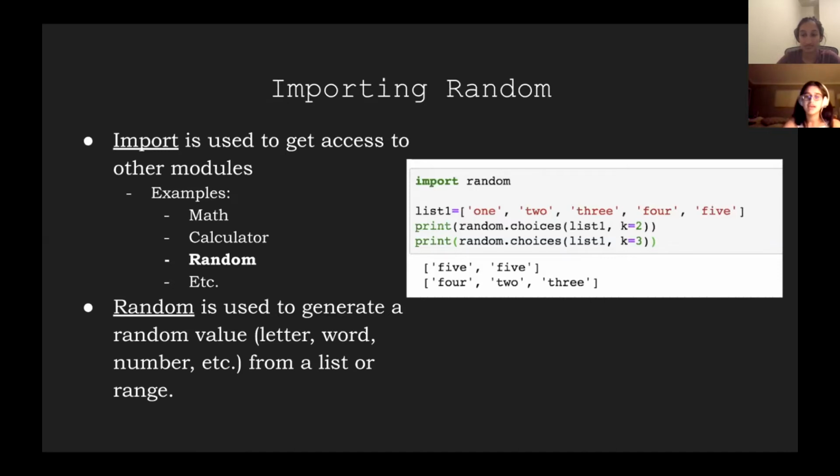In the example we have here, we have a list which has strings inside of it, which are 1, 2, 3, and 4. And in the next one for our print statement, we use random.choices, which allows the computer to choose the choices. We tell it what list we have and then how many to choose from. But importantly, we need to do import at the top of the code so we can import that module.